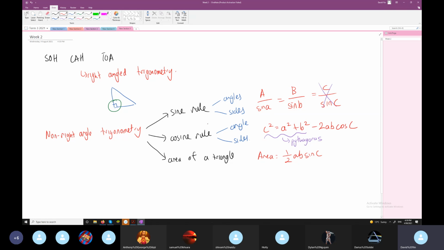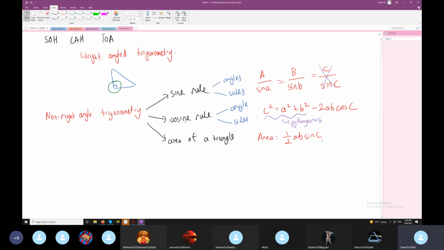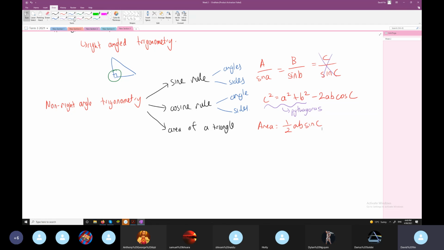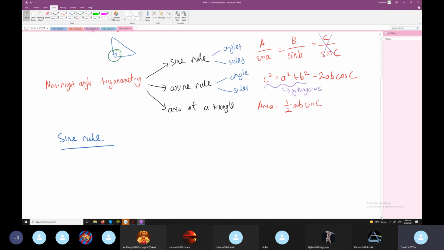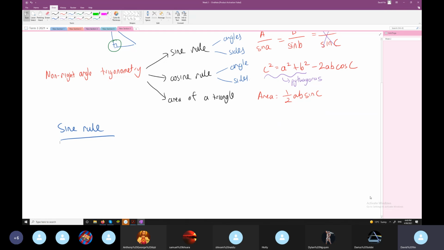But besides that, let's start off with the sine rule. The sine rule is a bit more straightforward compared to the cosine rule. Let's use blue here. I'm going to write it down again. You guys don't need to worry too much about writing this down.